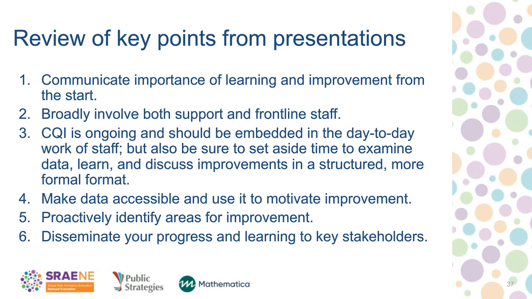Setting aside regular time to examine data and learn and discuss, in addition to the ongoing nature of CQI work, having these regular times to reflect. Making data accessible and using it to motivate improvement. Proactively identifying areas for improvement rather than waiting until something becomes a major challenge. And then making sure to disseminate progress and learning with key stakeholders.